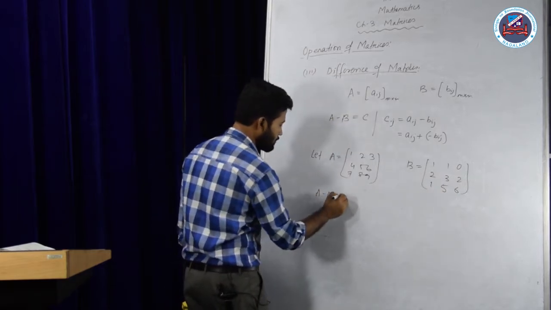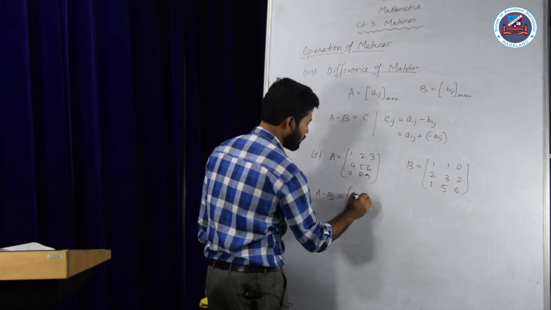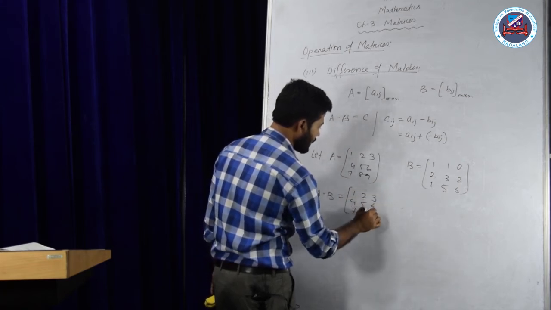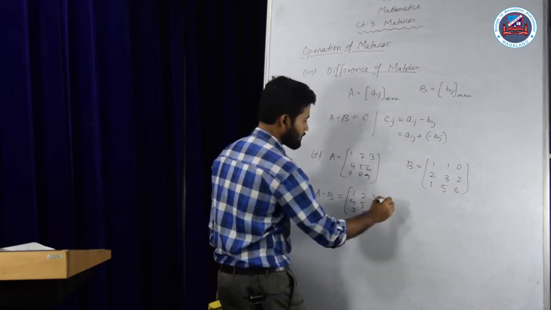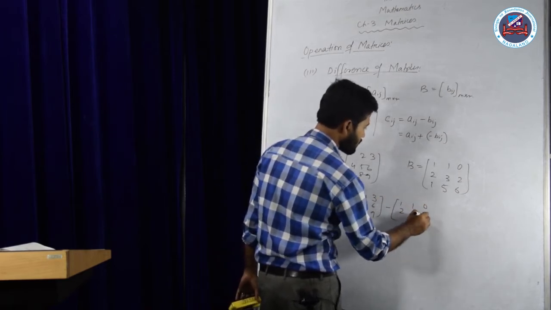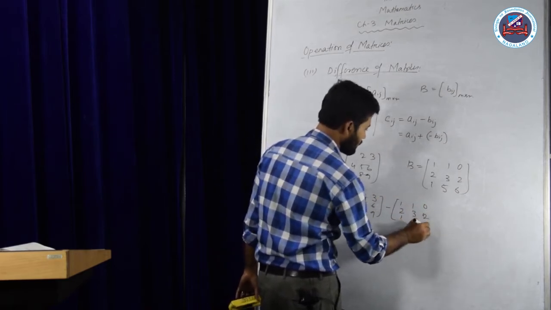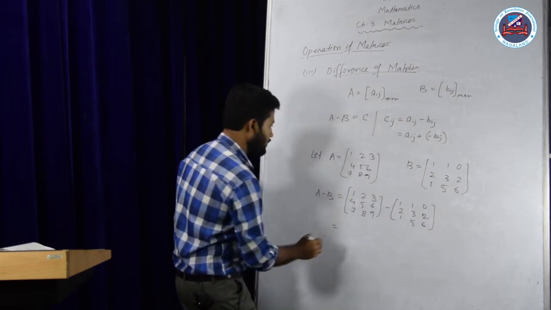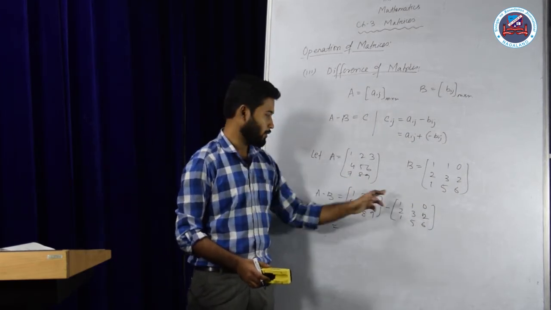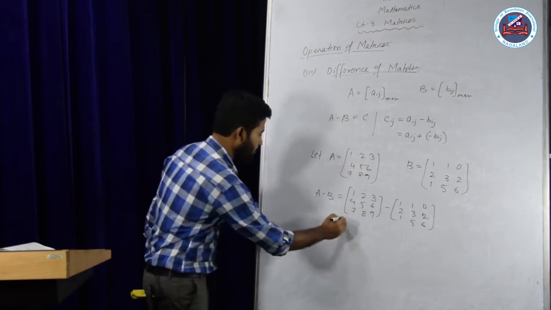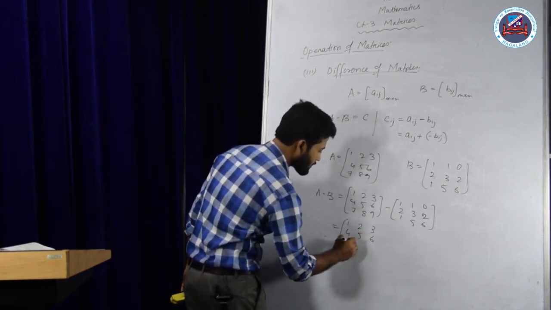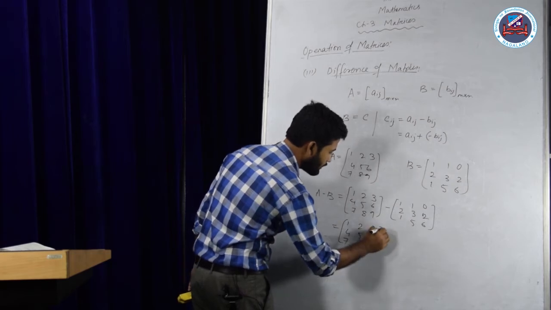Here A minus B will be 1, 2, 3, 4, 5, 6, 7, 8, 9 minus 1, 1, 0, 2, 3, 2, 1, 5, 6. So clearly you can subtract element by element, or otherwise you can do one thing: 1, 2, 3, 4, 5, 6, 7, 8, 9.